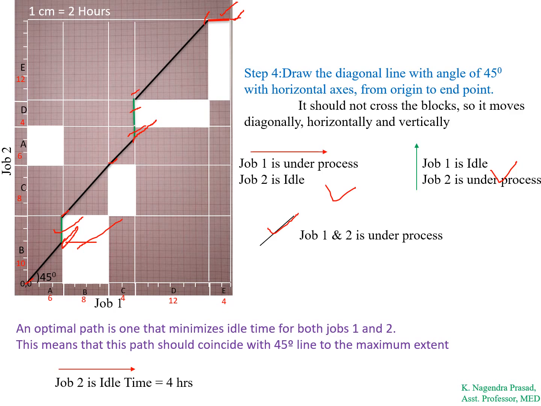So the total length of the vertical line is 4 hours plus 2 hours plus one more 4 hours. So it becomes 10 hours. So the vertical line represents job 1 is idle. So from the diagram we observe that the idle time for job 2 is 4 hours and the idle time for job 1 is 10 hours.